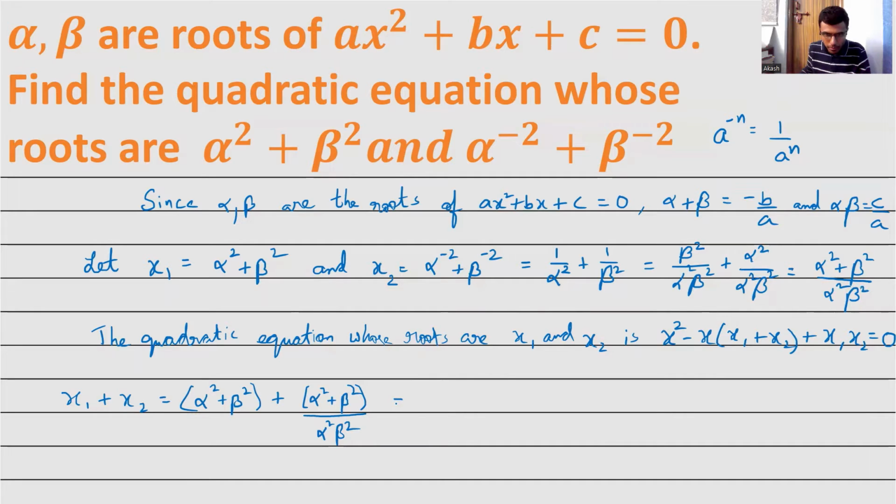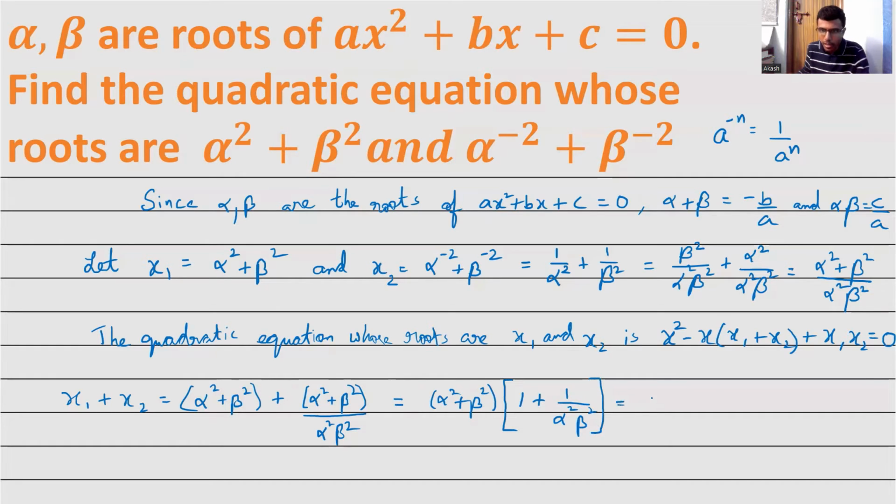Now if you observe these two terms, I can take alpha square plus beta square as common. So I'd get alpha square plus beta square, and since I took it common, in the first term just 1 would be left out, and in the second term 1 by alpha square beta square would be left out.